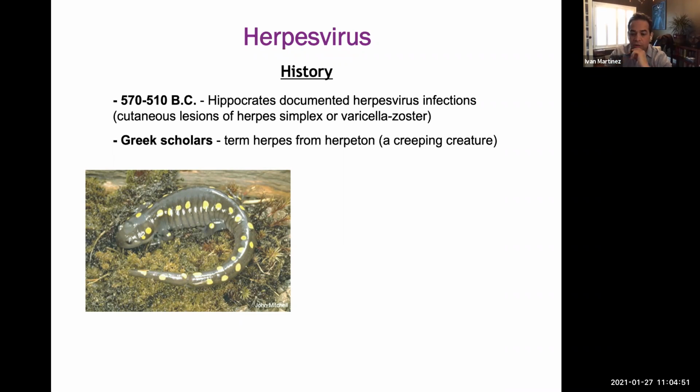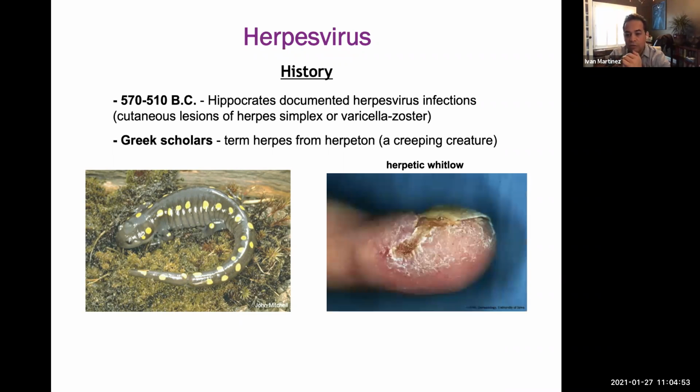these lesions, and we're going to see some of them, like this herpetic whitlow caused by herpes viruses. That's the way they imagined it: little tiny reptiles going under your skin and causing this type of disease.